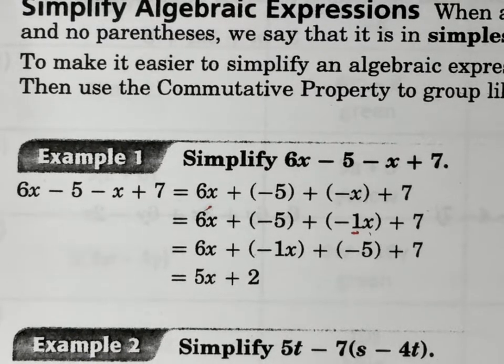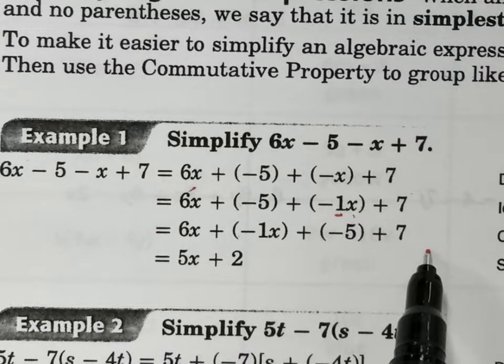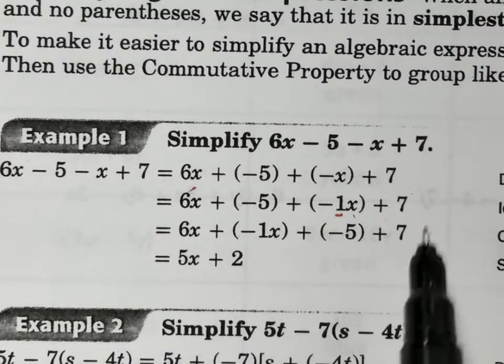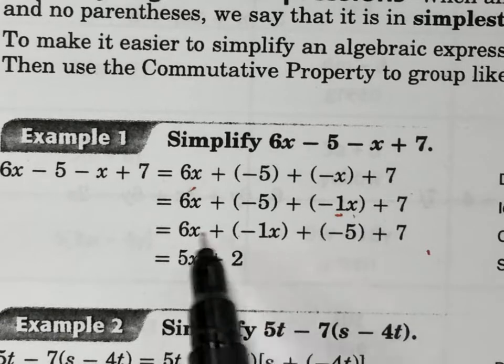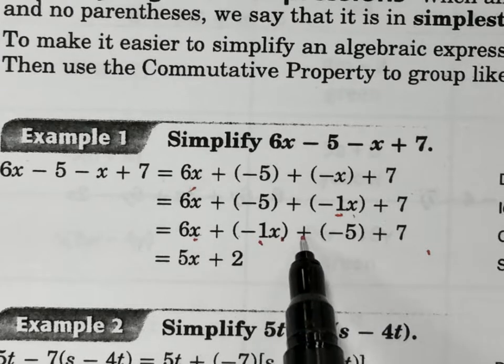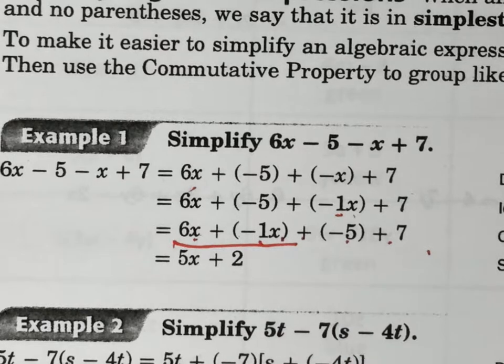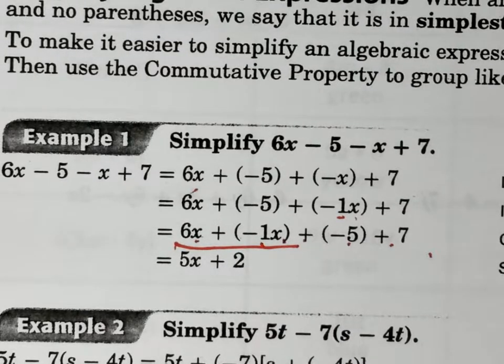So now we can use our commutative property to regroup so that our like terms are next to each other, so we don't forget about any of them. So I'm regrouping to get my x's beside each other. So I have 6x plus negative 1x, and then my constants, so plus negative 5 plus 7. When I combine those like terms, 6x plus negative 1x, I get 5x.